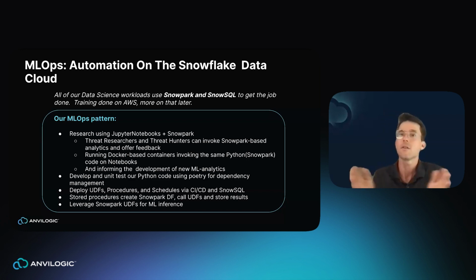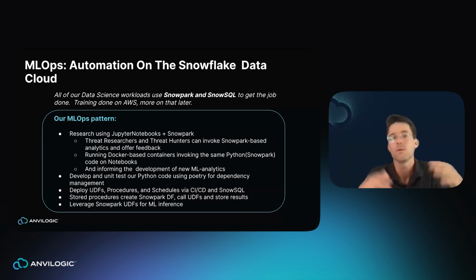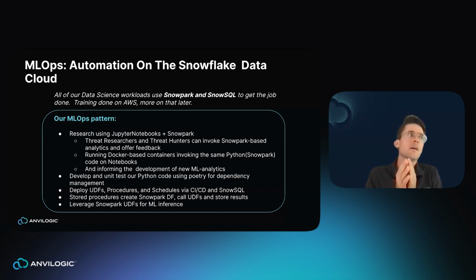Like any other UDF, like in SQL, array contains or string contains, we create a machine learning model where the interface, for not only our internal users but also our own detections, is just that user-defined function that does the machine learning bit on the arguments provided to that UDF.